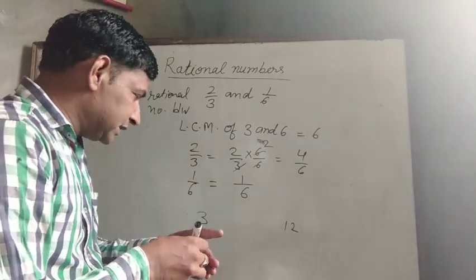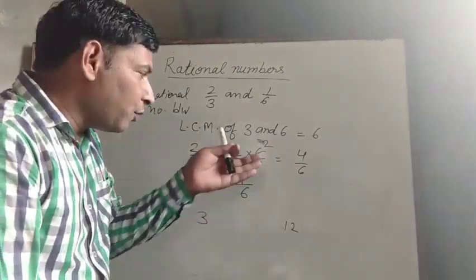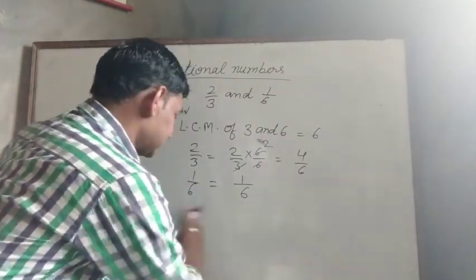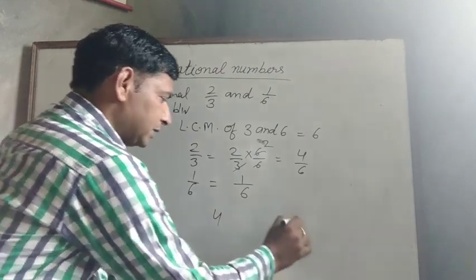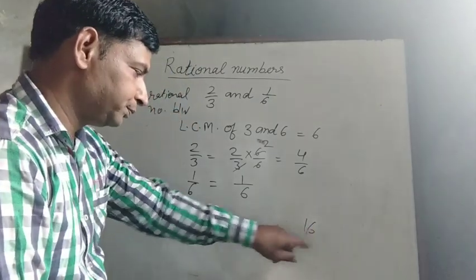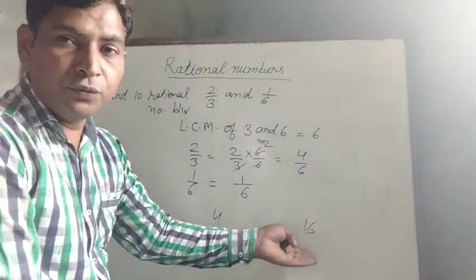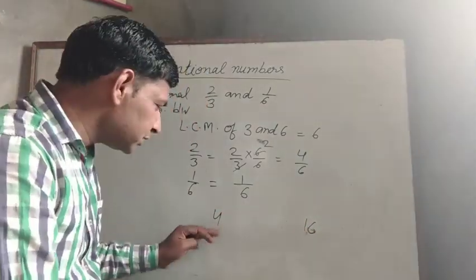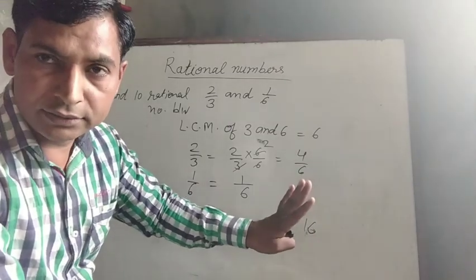Now multiply by 4. If we multiply by 4, then we get 4 and 16. Now we can get 10 rational numbers between 4 and 16.